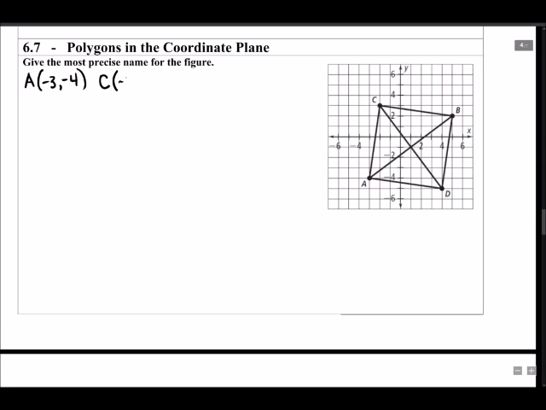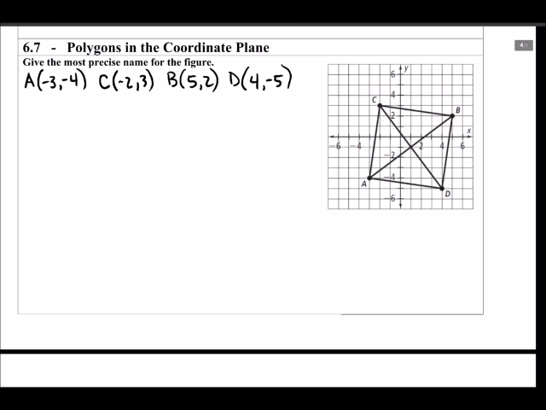Point C is -2, 3. Point B is at 5, 2. And point D is at 4, -5. All right, well, how do we name figures? We need parallel sides, perpendicular sides, congruent diagonals, perpendicular diagonals.